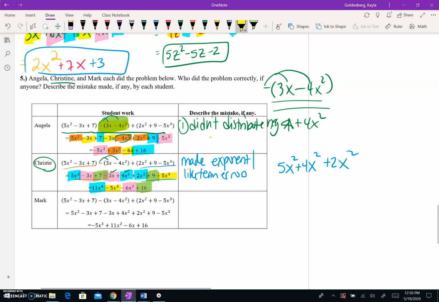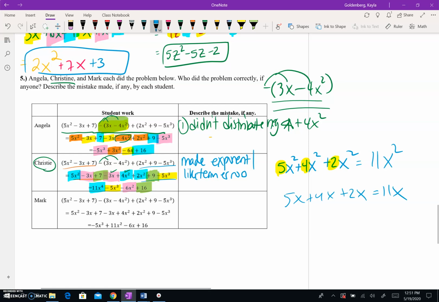Now it is true that 5 and 4 make 9, and 9 and 2 make 11. So the number in front should be 11, but it should just be 11x squared. It looks like what she did was she combined like x squareds and said that would be like x to the 4th. But remember, if I did 5x plus 4x plus 2x, you would just say that's 11x. So you wouldn't change it to x squared or something like that.